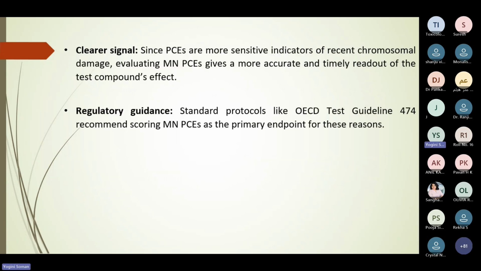Then the clearer signal. Since PCEs are more sensitive indicators of recent chromosomal damage, evaluating MNPCEs gives a more accurate and timely readout of the test compound's effect. And the last reason is regulatory guidance. Standard protocols like OECD Test Guideline 474 recommend scoring MNPCEs as the primary endpoint.